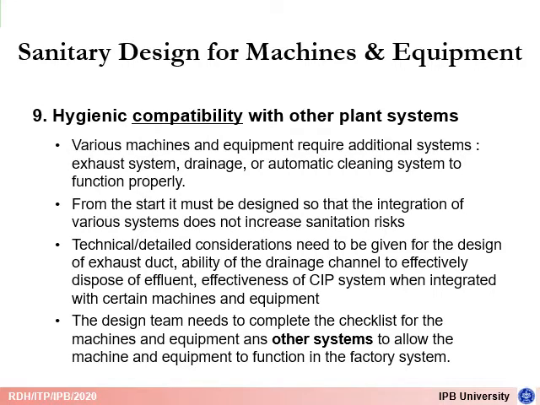Technical and detailed consideration needs to be given to the design of the exhaust duct, the ability of the drainage channel to effectively dispose of the effluent, and the effectiveness of the CIP system when integrated with certain machines and equipment. The design team needs to complete the checklist for the machines and equipment and other systems to allow the machine and equipment to function in the factory system.